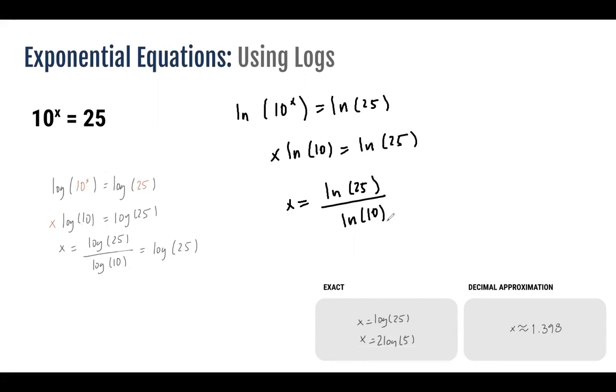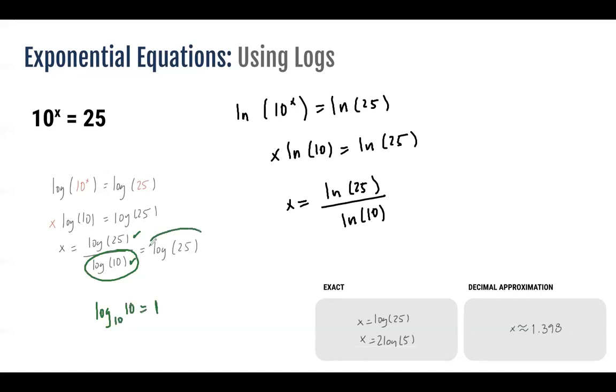And if you notice, if you use the other version of the answer, meaning using the common logarithm all the way through, instead of having the natural logarithm of 25 divided by the natural logarithm of 10, you're going to have the common logarithm of 25 divided by the common logarithm of 10. And if you evaluate that logarithm, it's going to be 1.